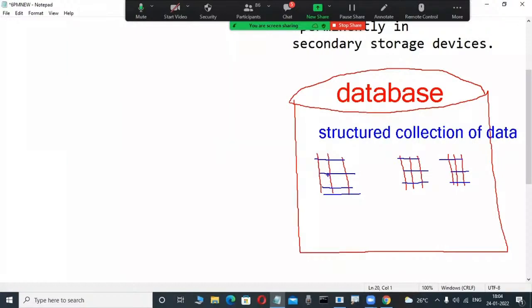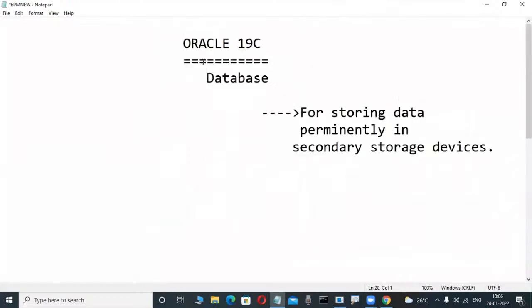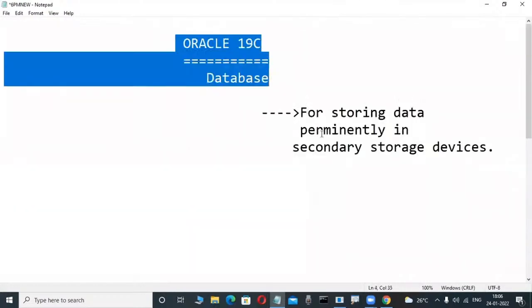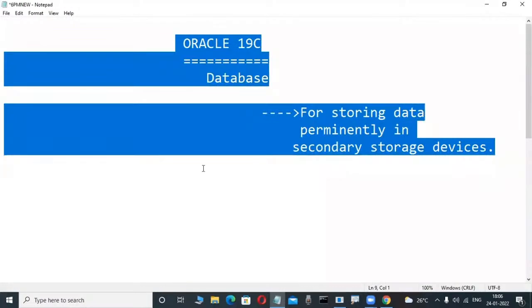Once a structured collection of data is there, for handling and operating this data, which language do we use? Very good: SQL, structured query language. That's why these databases are implemented based on the relational data model. What is that? Today I will tell you.